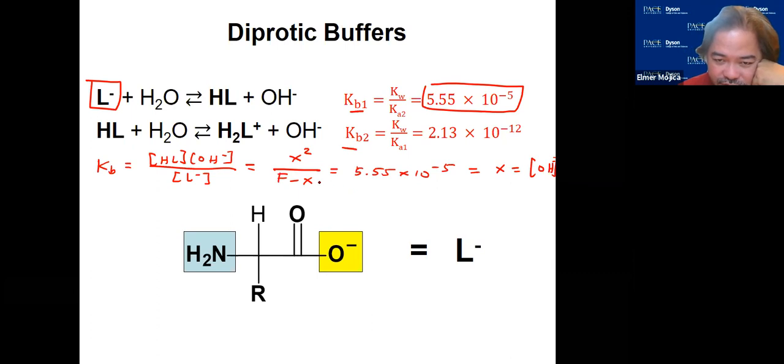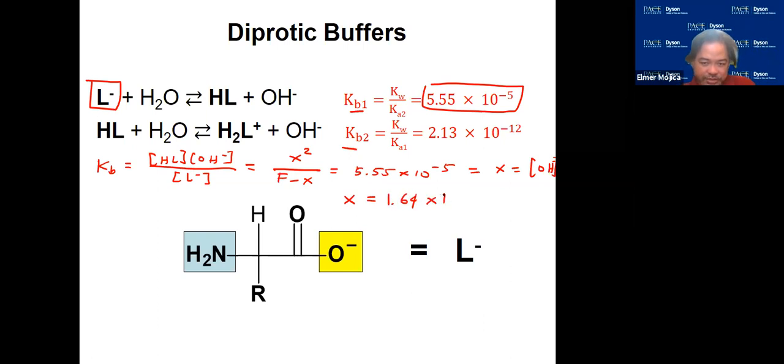So what's the X that you get there? Anyone? If you use the quadratic equation, the X here would be around 1.64 times 10 to the negative 3.